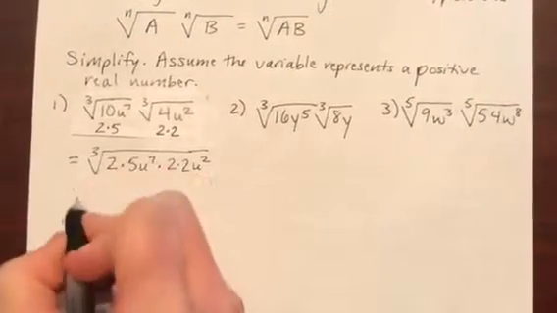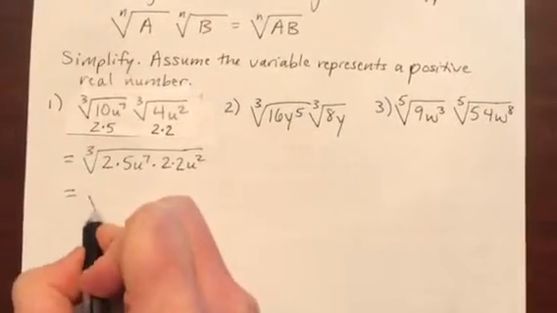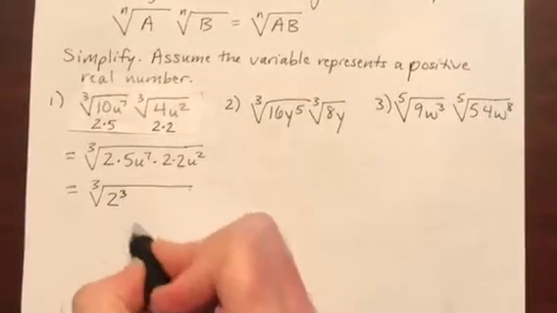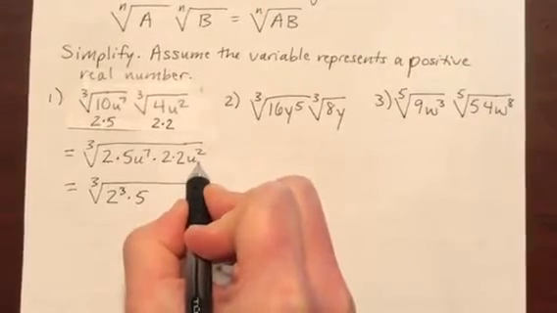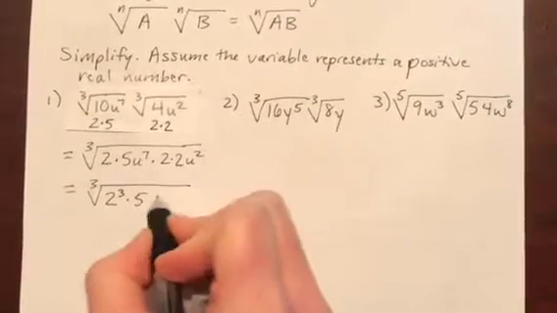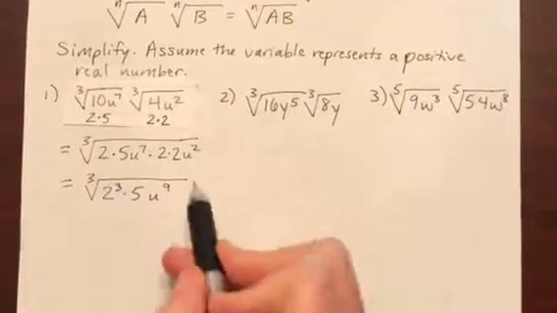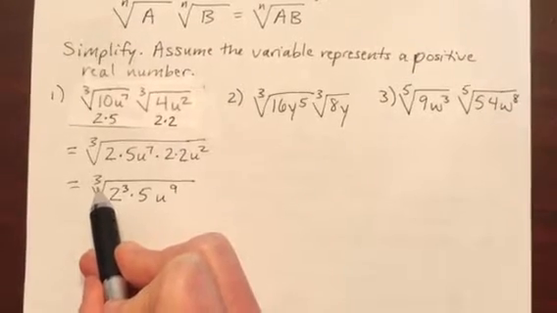All right, combining the numbers together, notice that we have 3 copies of this 2, and so that would be 2 to the 3rd times 5, and then u to the 7th times u squared would be u to the 7 plus 2, or u to the 9th. When we take the cube root, we want the exponent to be divisible by 3.